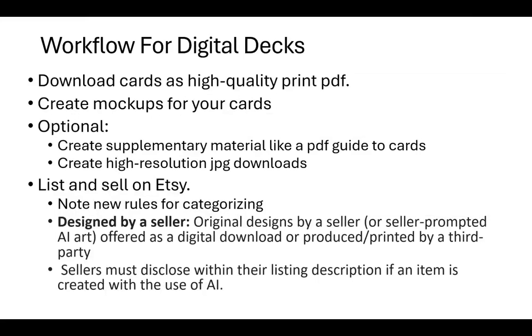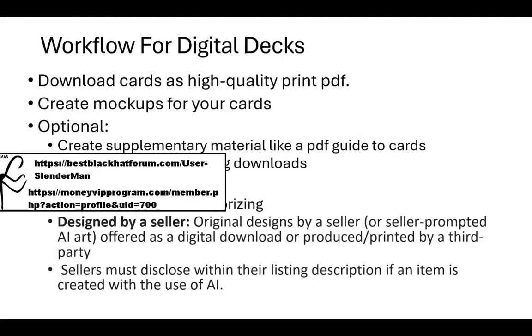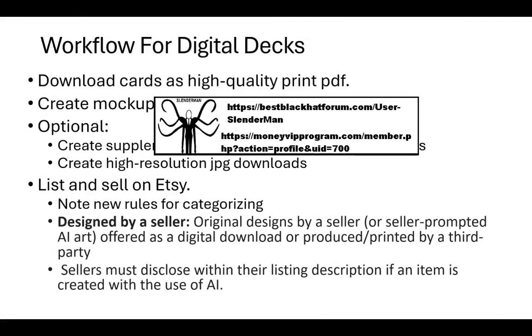Once you have your finished cards, you would have those JPEGs, which I showed you in the previous video how to download for your mock-ups. Well, you can use those as well to share with people, but you do need to make them higher resolution. You can do that with the 300 DPI generator tool that I shared previously, or if you have another image upscaler you want to use, that's also an option.